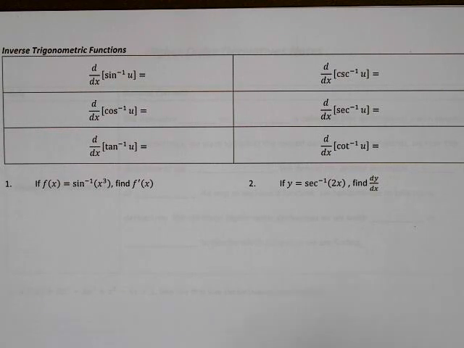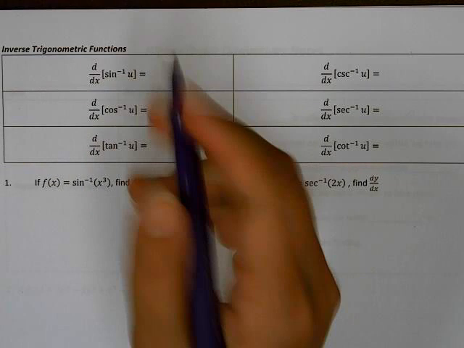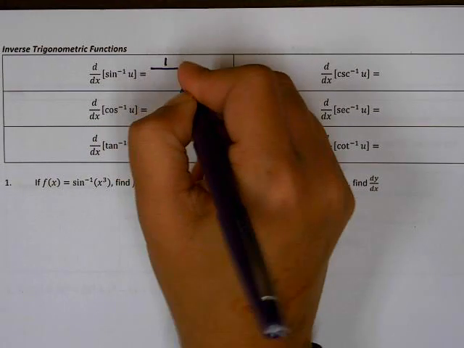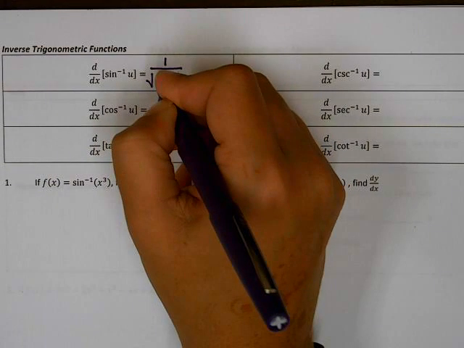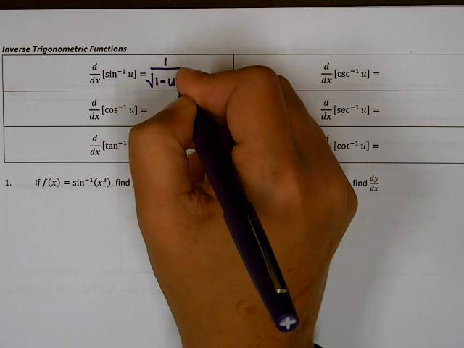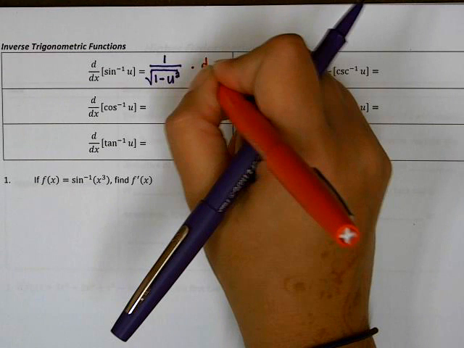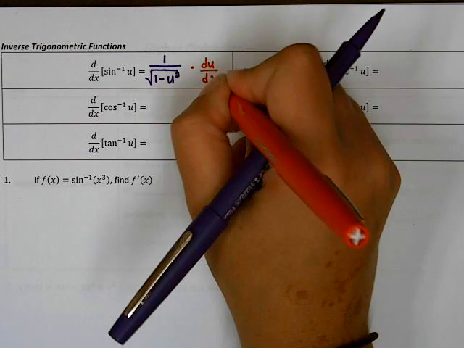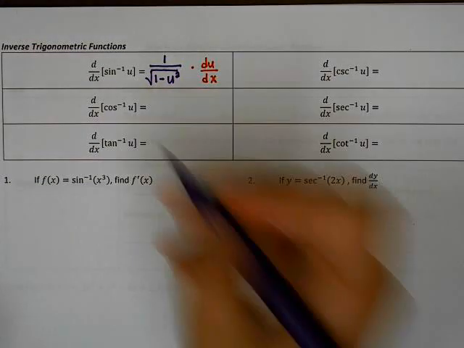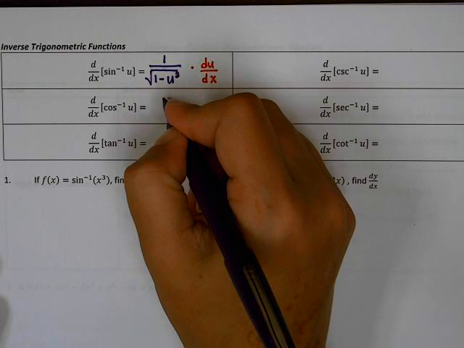So the rule for the derivative of inverse sine would be 1 over the square root of 1 minus whatever's inside there squared, times the derivative of whatever was inside there.